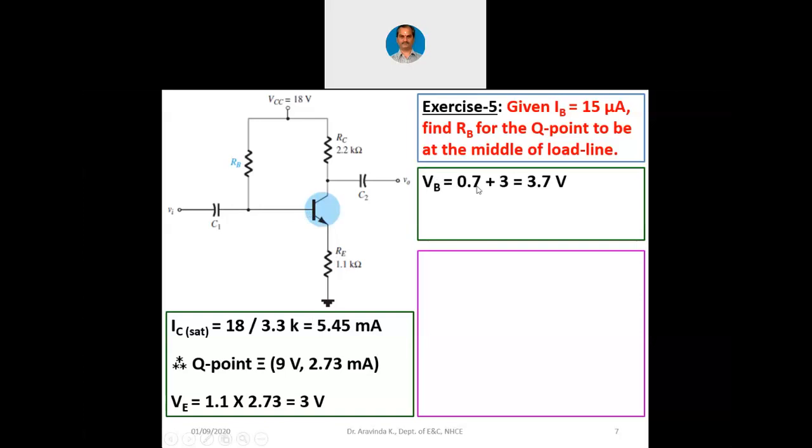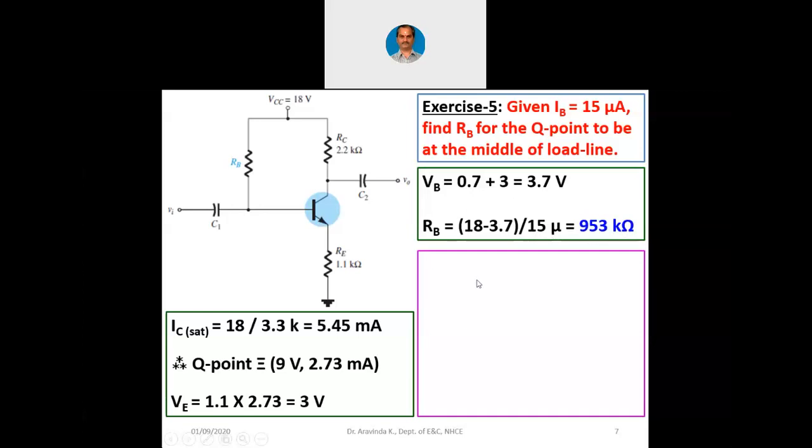So VB is 0.7 plus 3 volts, that is 3.7 volts. Now you know this VB, you know this 18 volts. So the voltage across this RB is 18 minus 3.7. And he has already given the current, 15 microampere. That particular voltage divided by 15 microampere is going to be the value of RB. So RB is 18 minus 3.7 divided by 15 microamperes, which is 953 kilo ohms.